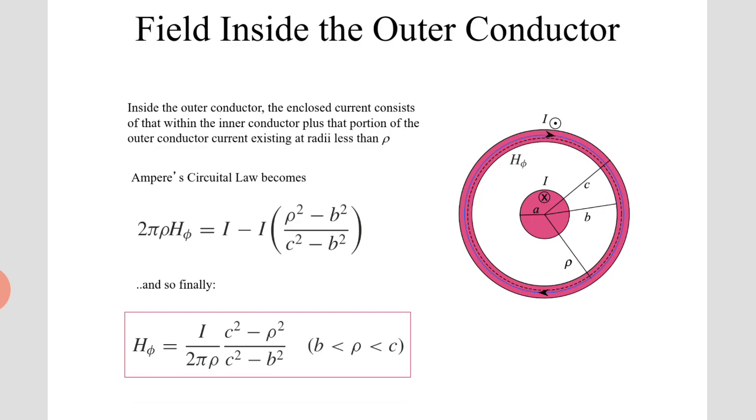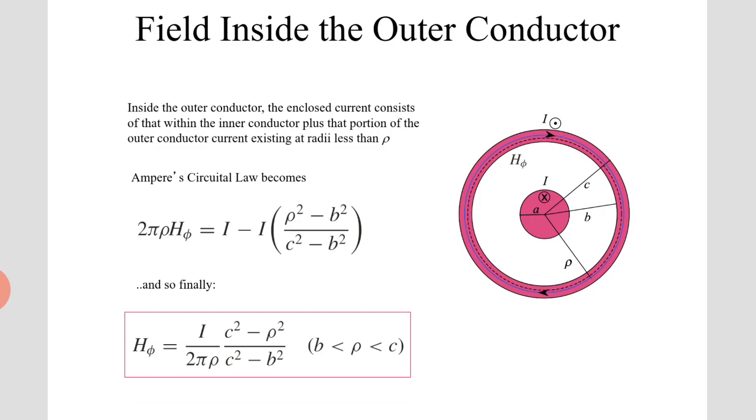Inside the outer conductor, the enclosed current consists of that within the inner conductor plus that portion of the outer conductor current existing at radii less than rho. That means the total current of the inner conductor minus the current due to the part between b and rho.